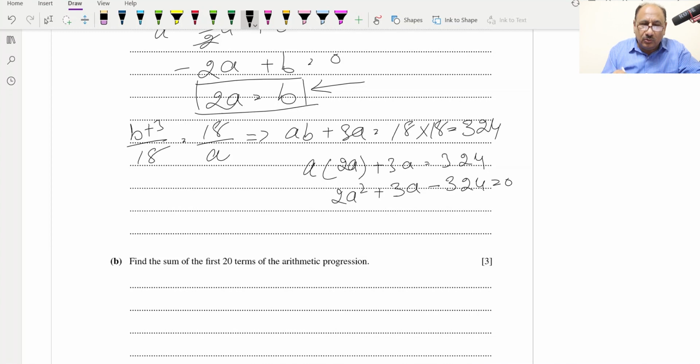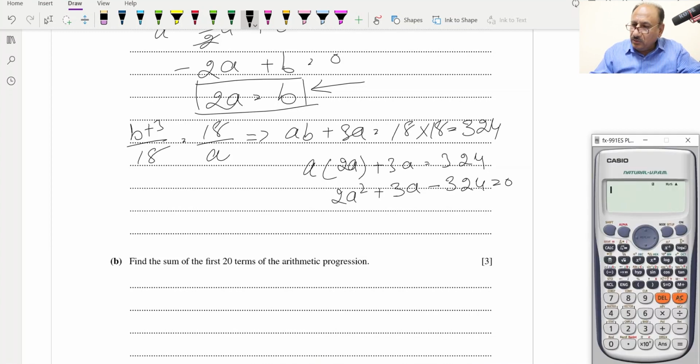We can write this as 2a squared plus 3a minus 324 is equal to 0, and we can find the solutions for this quadratic equation. The coefficient of a squared is 2, the coefficient of a is 3, and the constant is minus 324, and the solutions are 12 and minus 27.